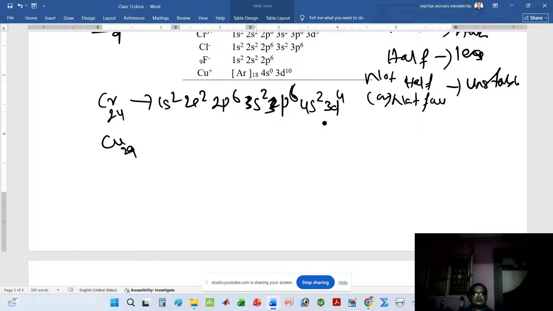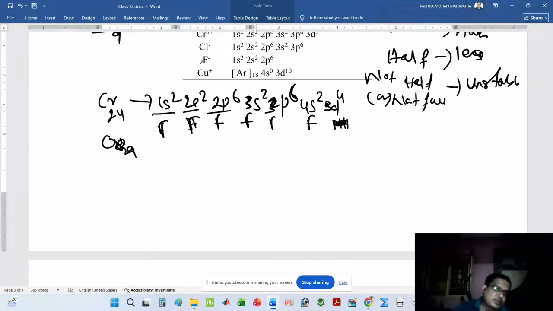Clear? At first, I want to think about chromium. Here, this is fulfilled, this is half filled, this is fulfilled, this is fulfilled, but 3d is not half filled, not fulfilled.